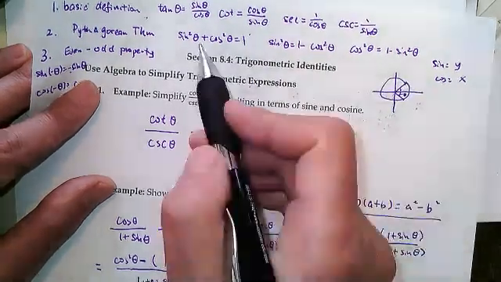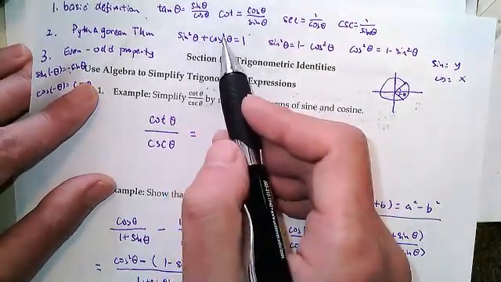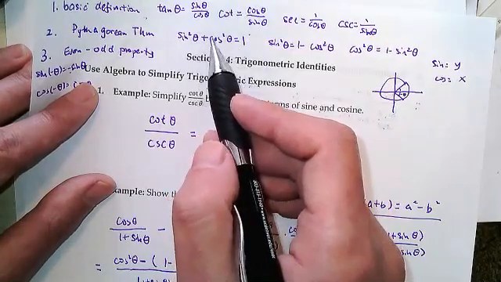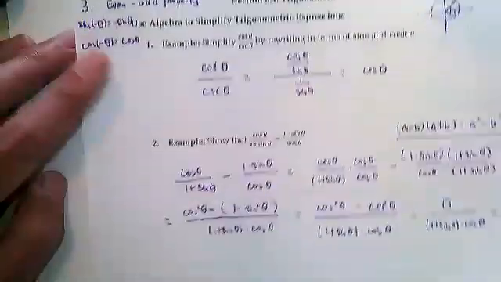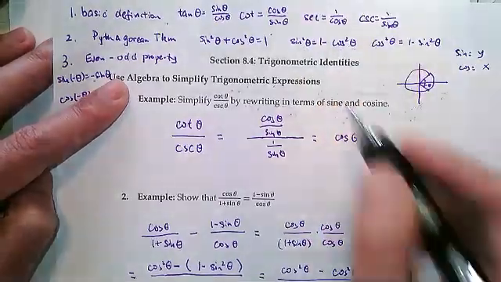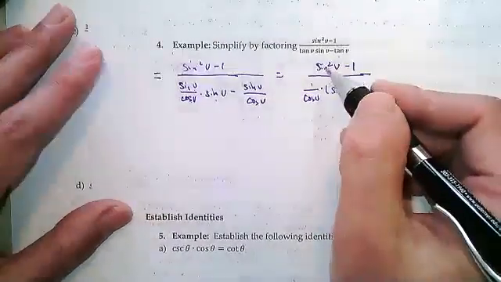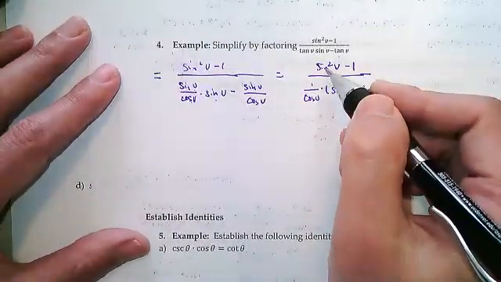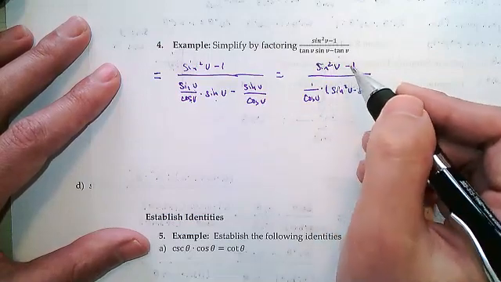Okay. So if you are not clear with this point, just think more about the Pythagorean theorem. How can you get one from the other one? Or in other words, there's another way you can think about it. Sine squared is 1 minus cosine squared. So if you see sine squared here, this is 1 minus cosine squared. 1 minus cosine squared minus 1.